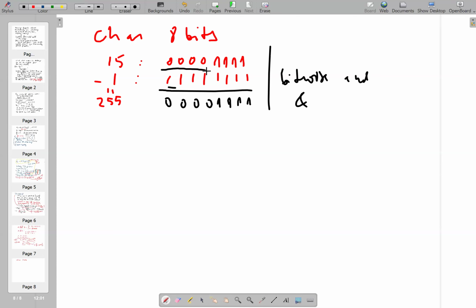Now let us take something with minus 3. Minus 3, what is it? We subtract 2 from minus 1, which means that 2 is here, and that 1 goes away if we subtract 2.